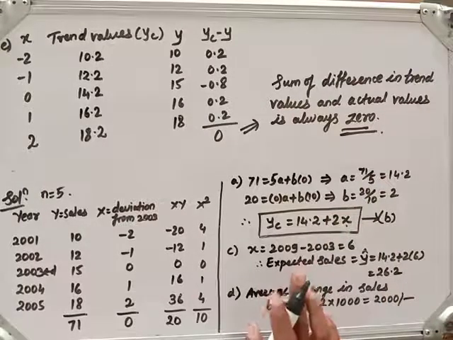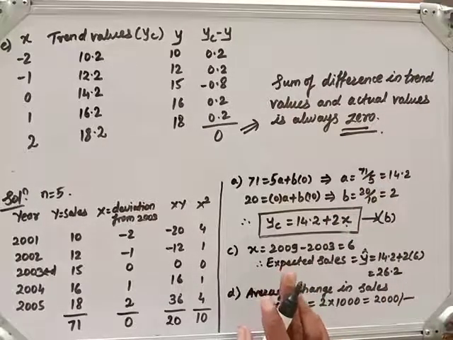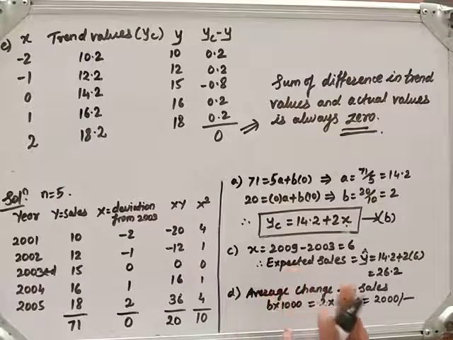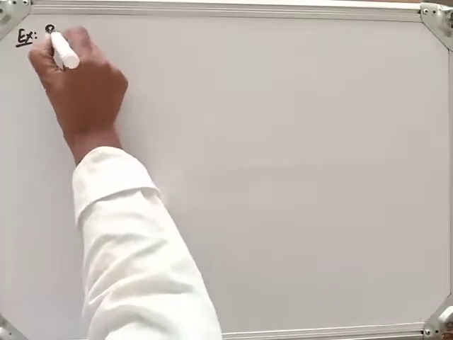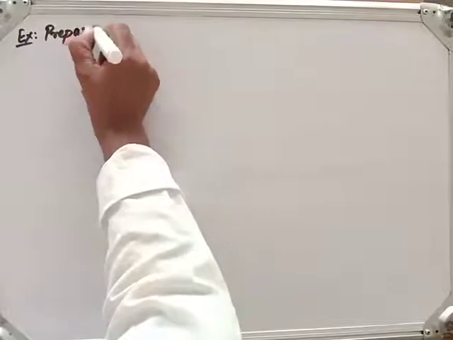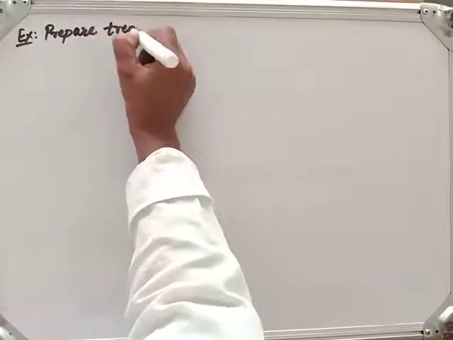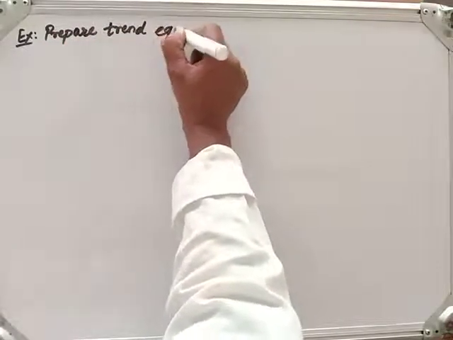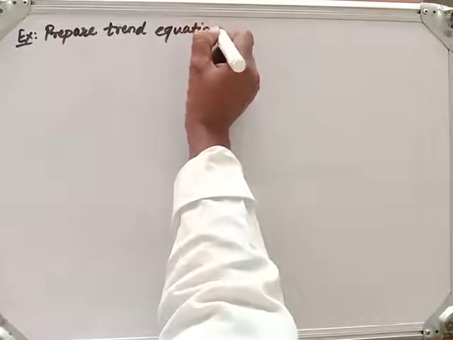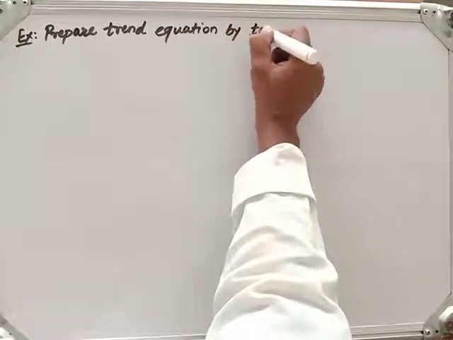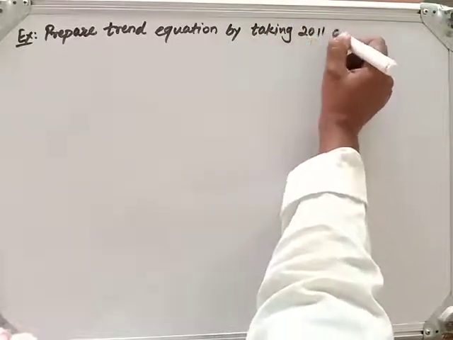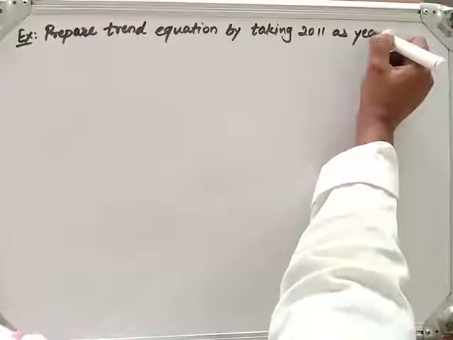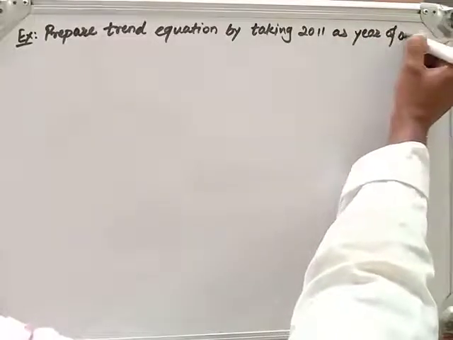Now let me take one more example for this least square method so that it will be very clear to you. Example: prepare trend equation by taking 2011 as year of origin.